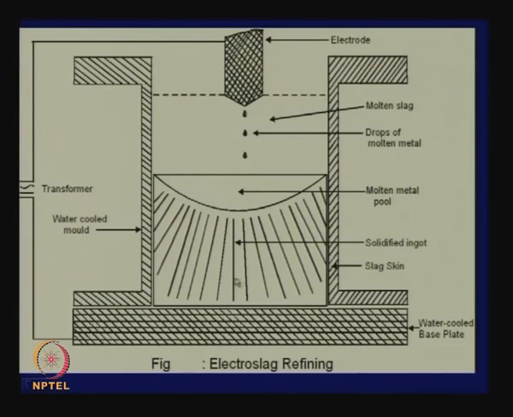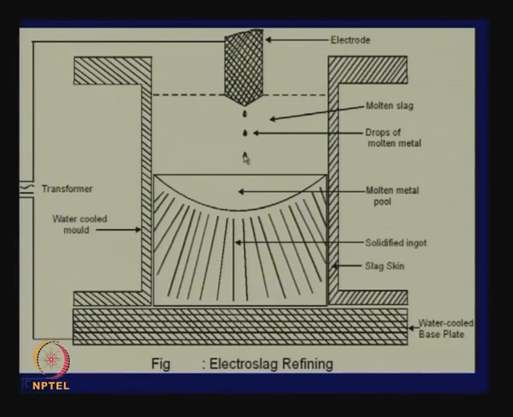ingots. Now, the way this works is the following: the impure or crude metal is made into an electrode here, and an arc is struck between this and the pure ingot here, and as it melts, the droplets go through a molten slag layer, and during the passage through the molten slag, the impurities in the crude metal are dissolved into the slag phase.